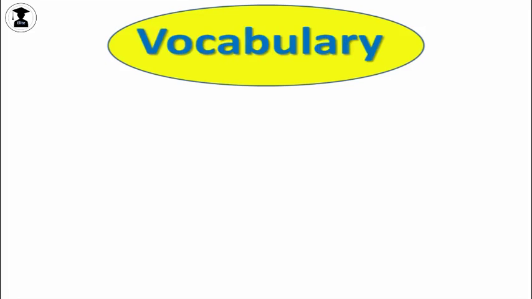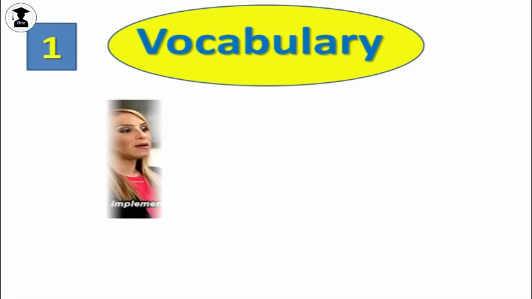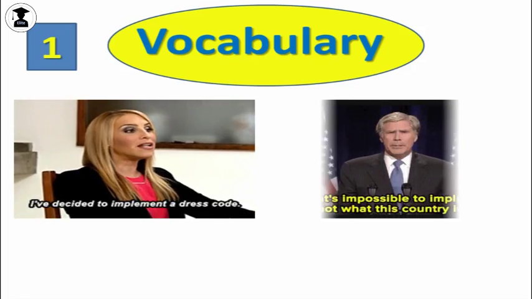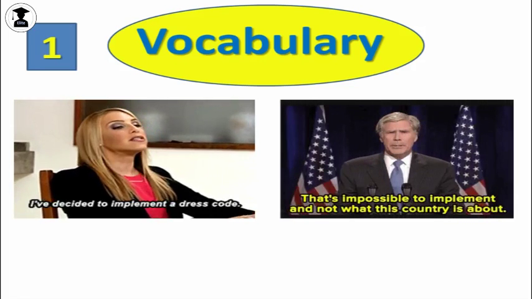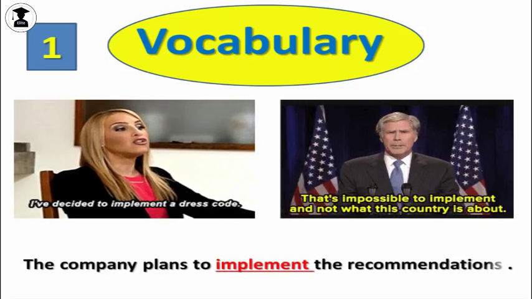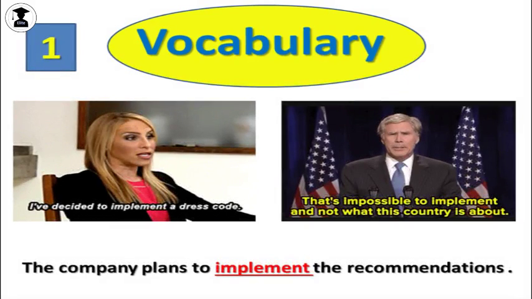The first word is called implement. Implement. As you can see, this woman decided to implement a dress code. And this American politician says that it's impossible to implement and not what this country is about. Here is a sentence. The company plans to implement the recommendations.